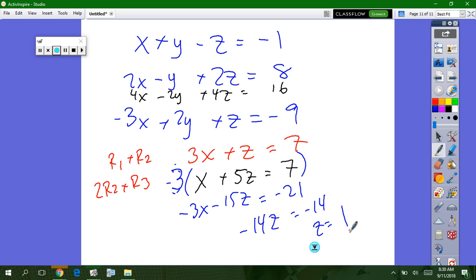So now what am I going to go do? I'm going to plug it into one of these guys. Well, this guy already has x by himself, so I'll probably plug it into this one. So I have x plus 5 equals 7. So x is who? X is 2. With me? Just plug it in, Brittany.